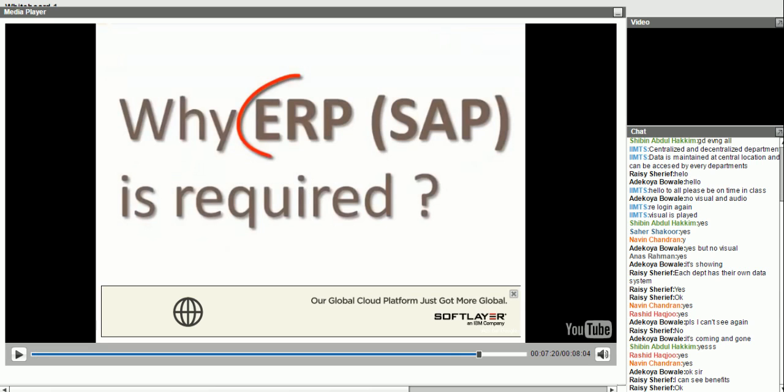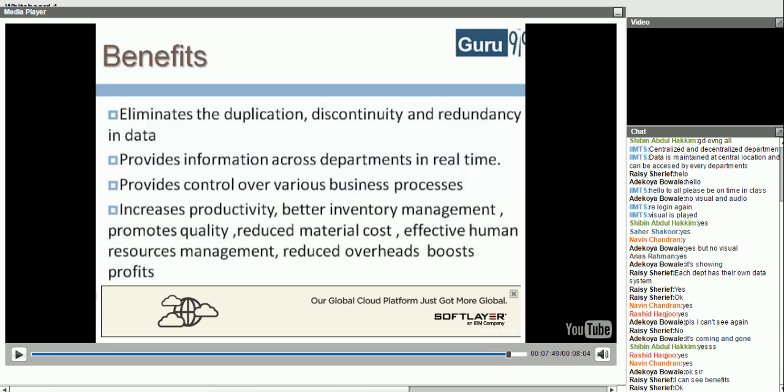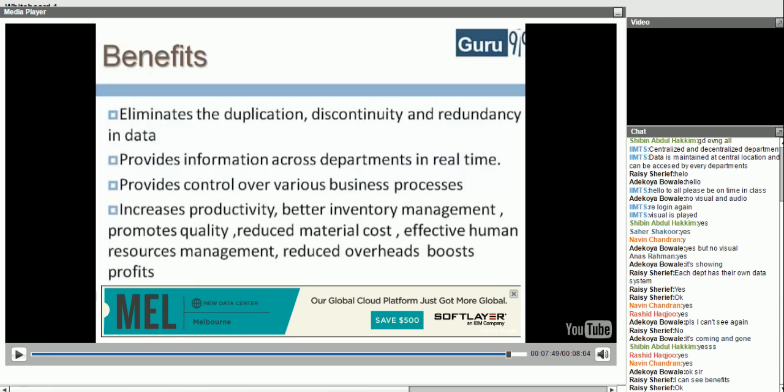Now what are the benefits which you will get from this ERP system? Number one, it eliminates the duplication, discontinuity and redundancy in data. Number two, it provides information across departments in real time.